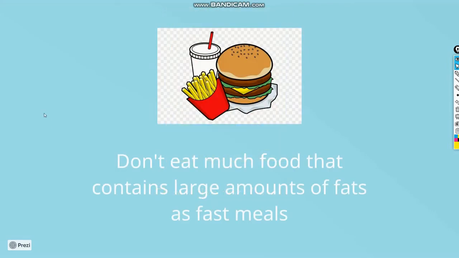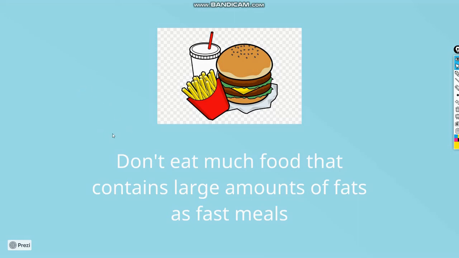Don't eat much food that contains large amounts of fats and fast meals, because like we discussed, the juice that is responsible for breaking down the fats or the oil is the bile juice. So if you eat a large amount of fats, it's not going to break down all of these fats.